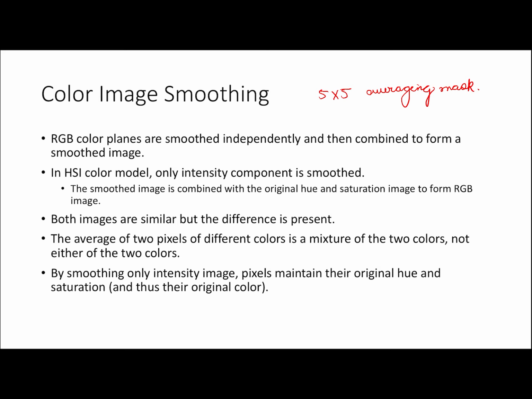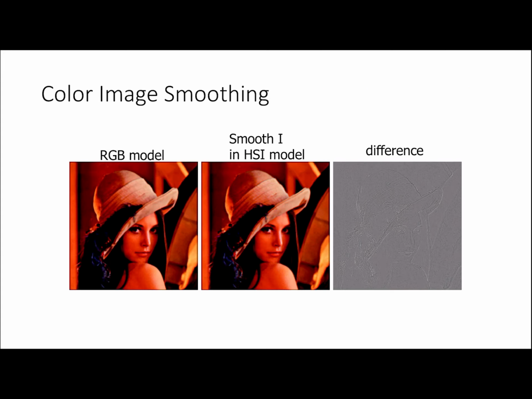Once we have applied the smoothing operation on each of these component images separately, we combine all three images to form a smooth full color RGB image.